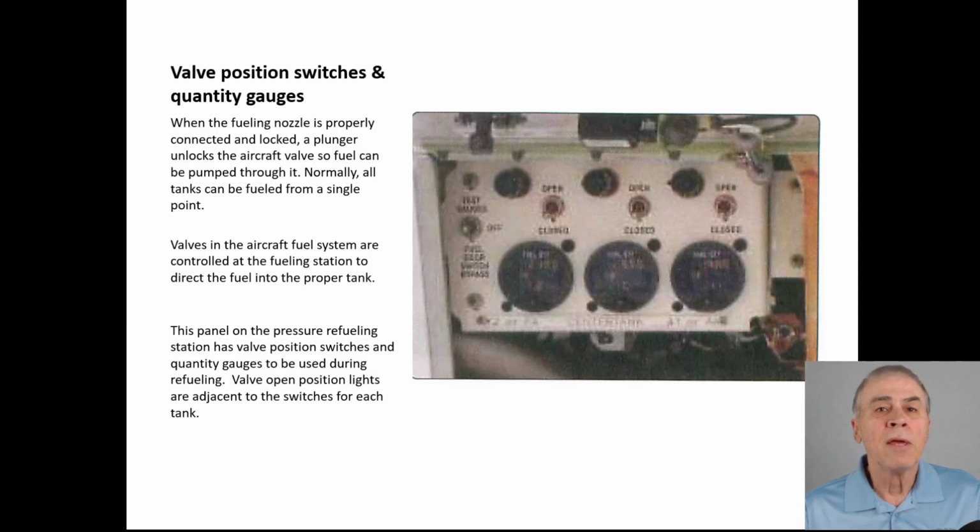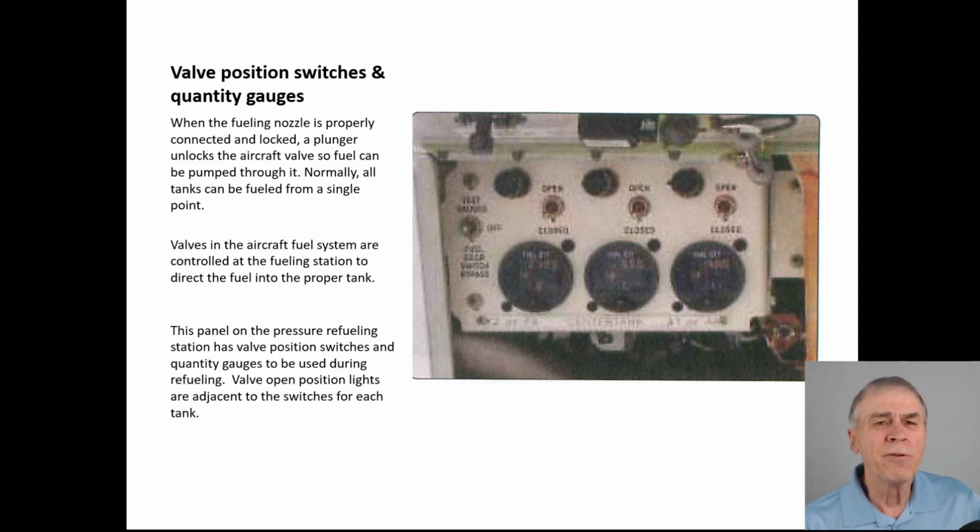This is something we pretty much looked at. When the fueling nozzle is properly connected and locked, a plunger unlocks the aircraft valve so fuel can be pumped through it. Normally, all tanks can be fueled from a single point.